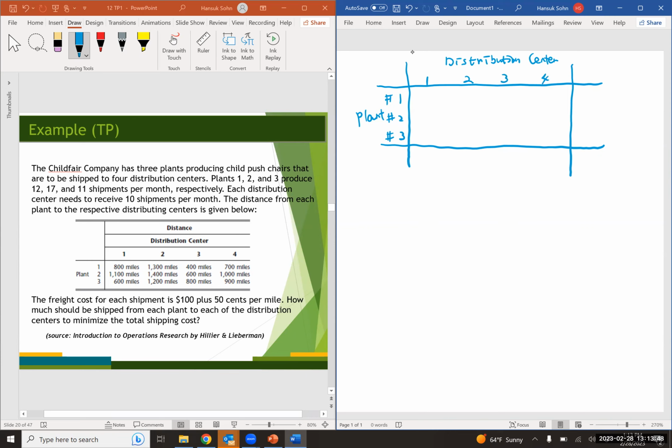I'm going to put the supply amount in the last column here, and the demand amount in the last row. So that's our transportation table.